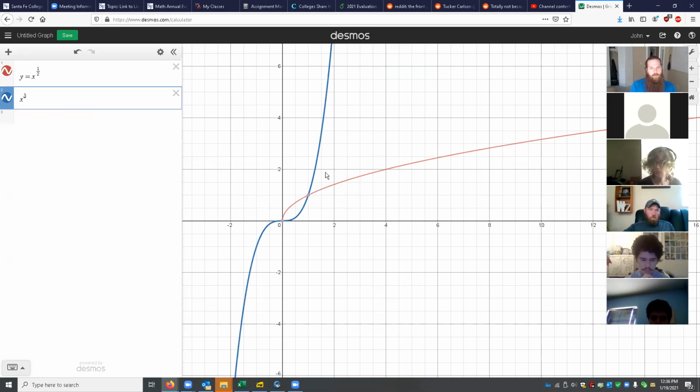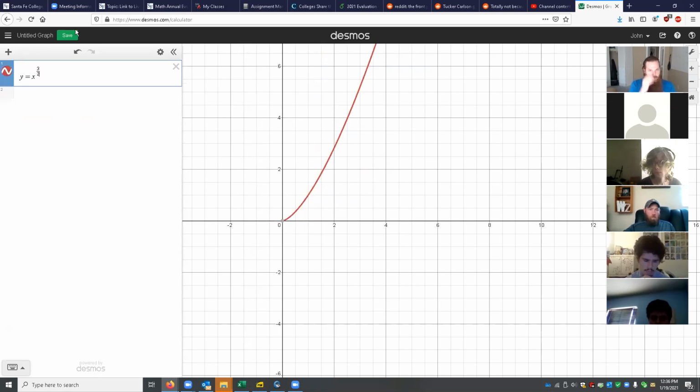If you look in the first quadrant, x cubed, all of the power functions where the power is bigger than 1 have this same sort of shape in the first quadrant. So our guy, x to the 3 halves, is going to have that same shape because the power is bigger than 1. It's going to have this concave shape rather than that convex shape.